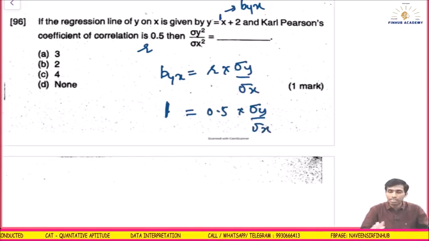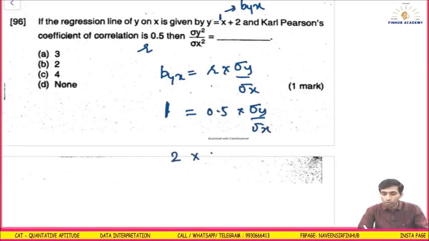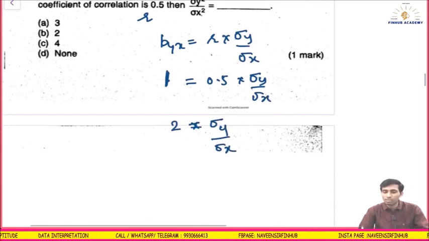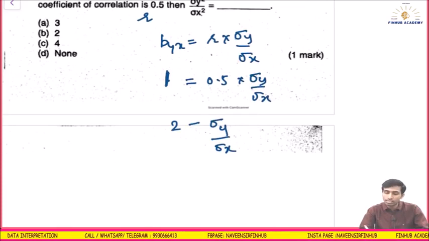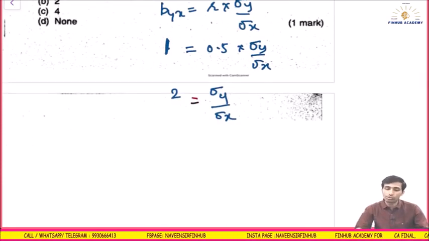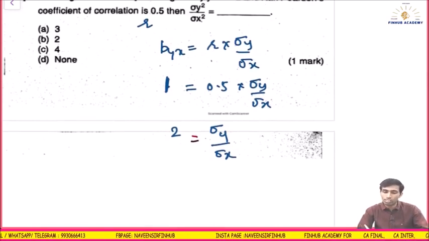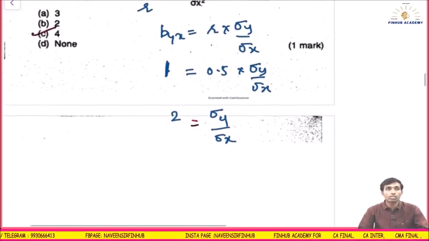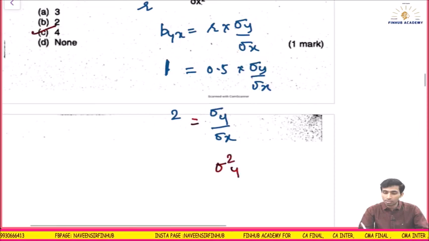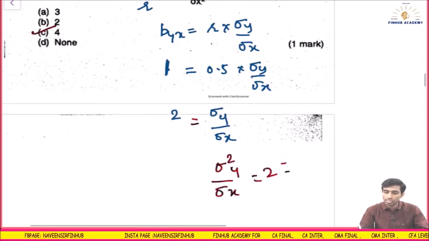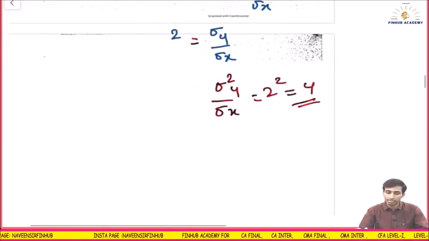So 1 divided by 0.5 will be what? 2. So 2 is equal to standard deviation of y upon standard deviation of x. I want the square. Square of that will be what? 2 square is 4. Answer is 4. Variance I want. Variance of y upon variance of x is equal to 2 square. Answer is 4. Easy. Next.